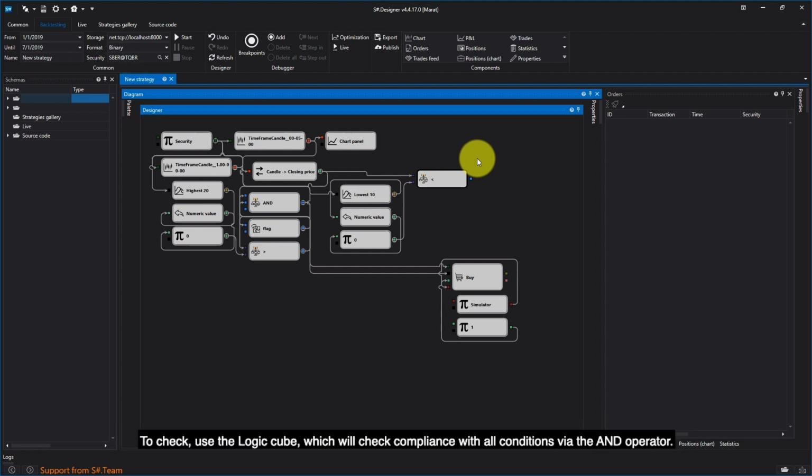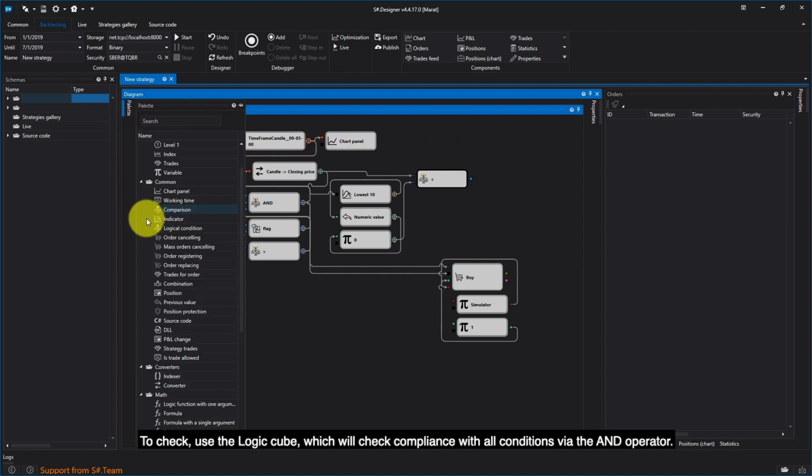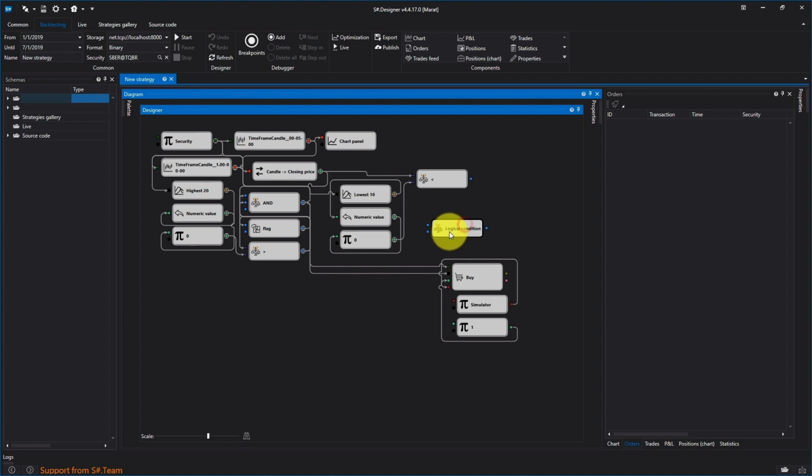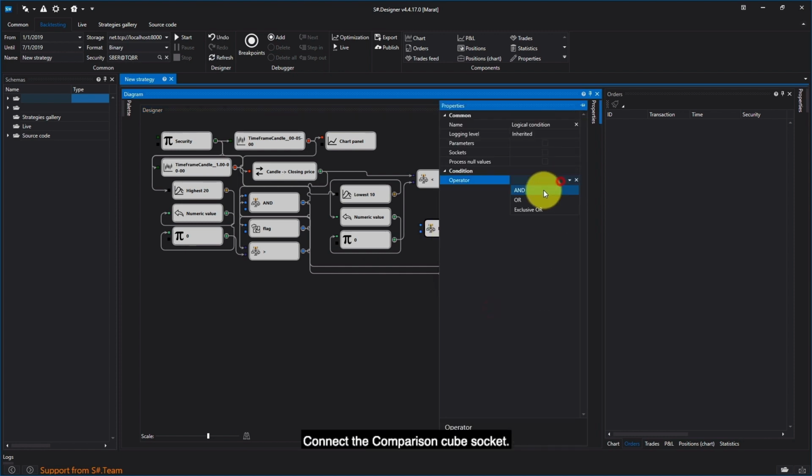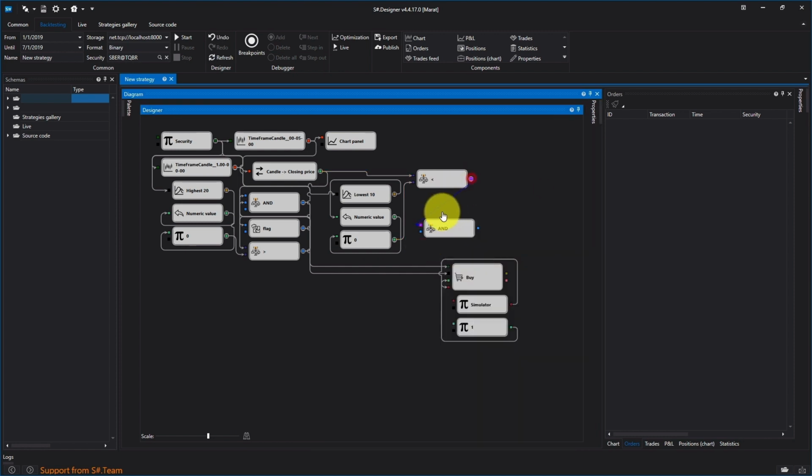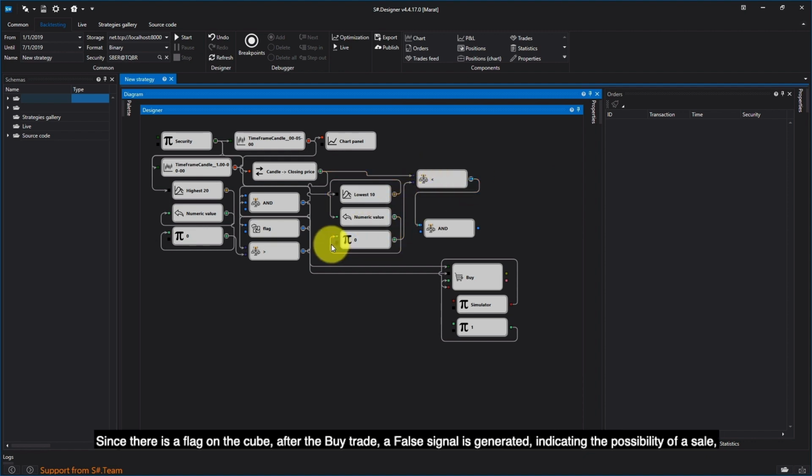To check, use the logic cube, which will check compliance with all conditions via the AND operator. Connect the comparison cube socket. Since there is a flag on the cube, after the buy trade, a false signal is generated, indicating the possibility of a sale.